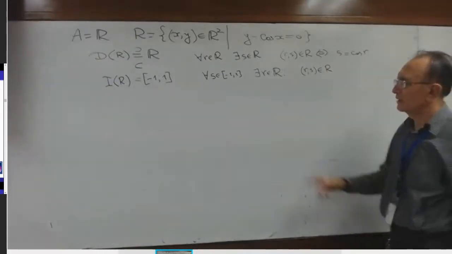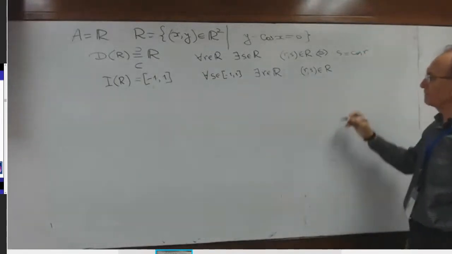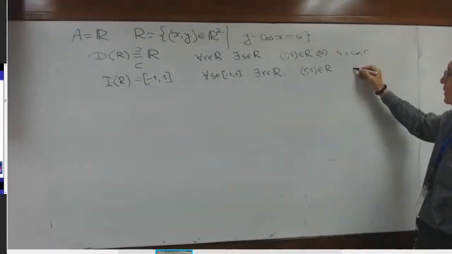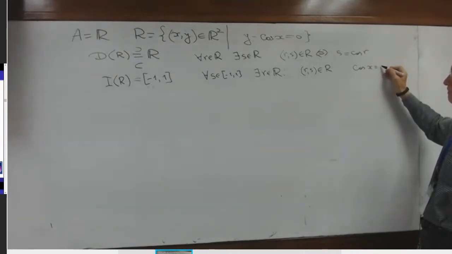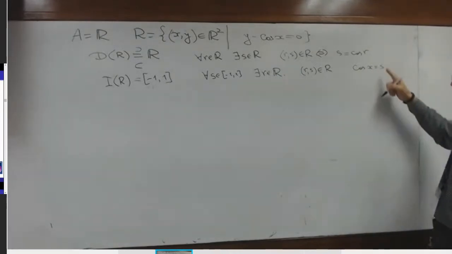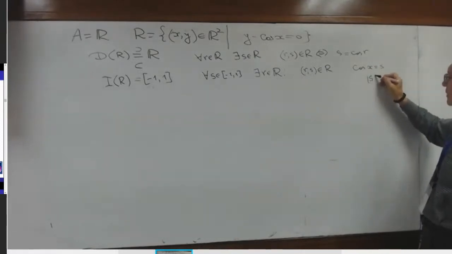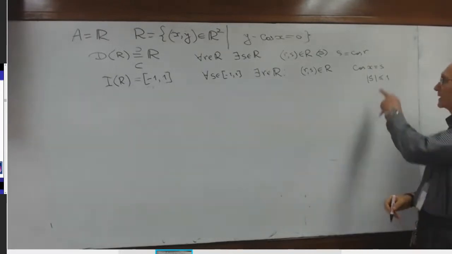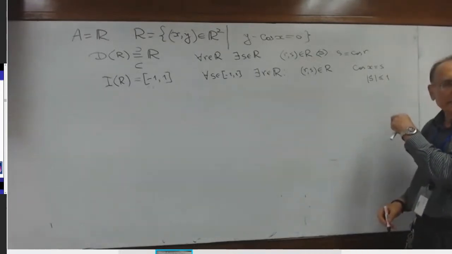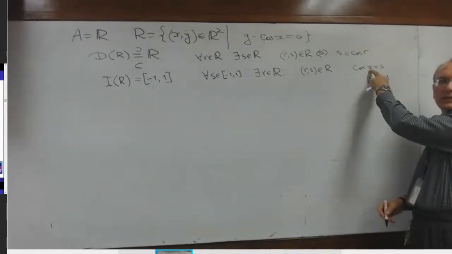Indeed, since s is between -1 and 1, I can solve this equation. Since the absolute value of s is no more than 1, there exists a solution to this equation.